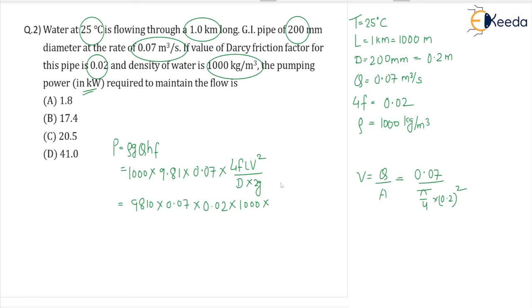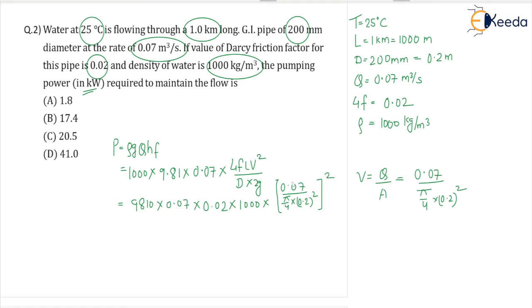So I will write here 0.07 divided by pi/4 d square, that is 0.2 square, and it is whole square.